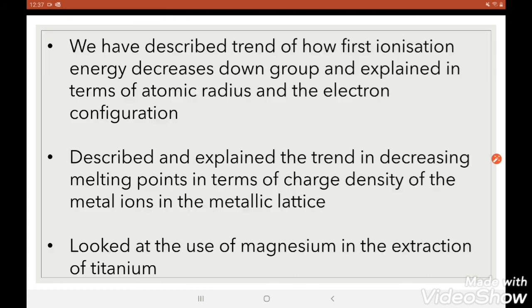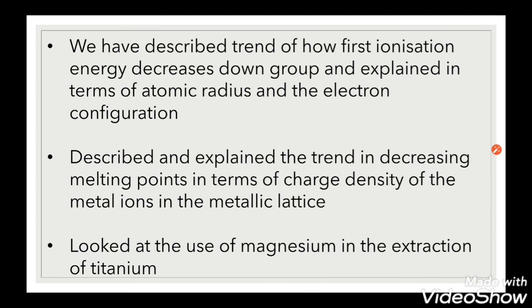Okay, so last page. What we've done today is describe the trend in the first ionization energy and how it decreases down the group. We've talked about how it's this electron being further from the nucleus and less attracted and therefore more easily removed. It also looks at relating that to reactivity, so the first and the second ionization energies, and how towards the bottom of the group that is also lower and therefore they will be more reactive.